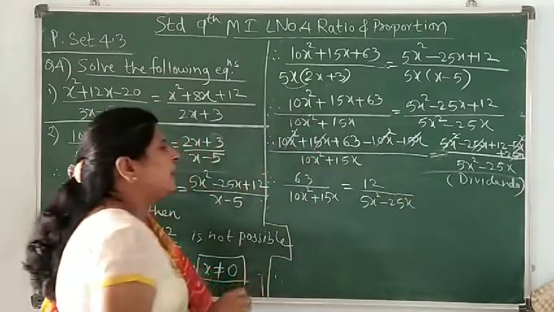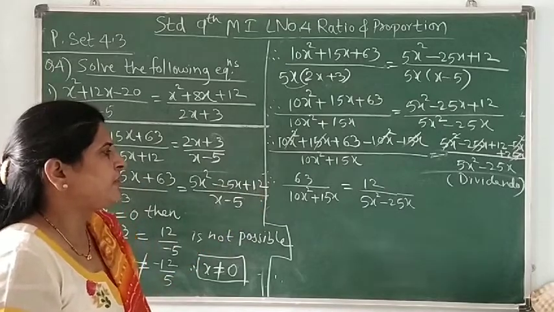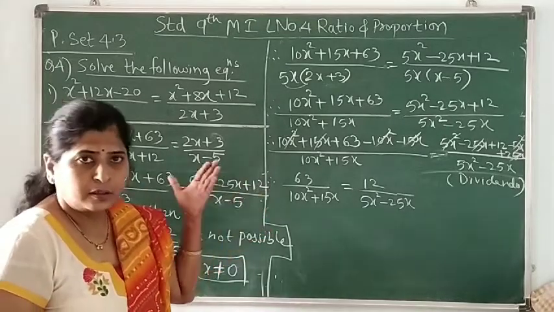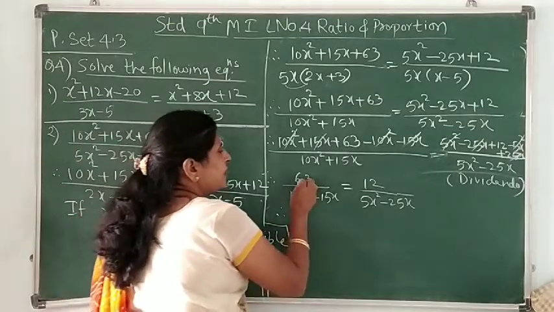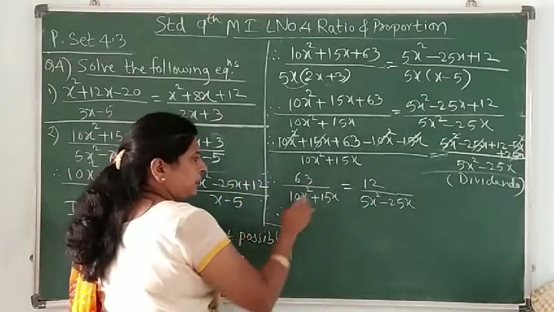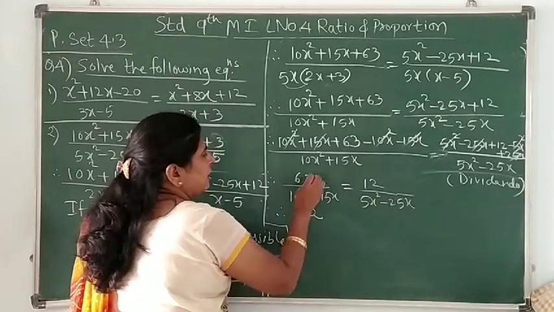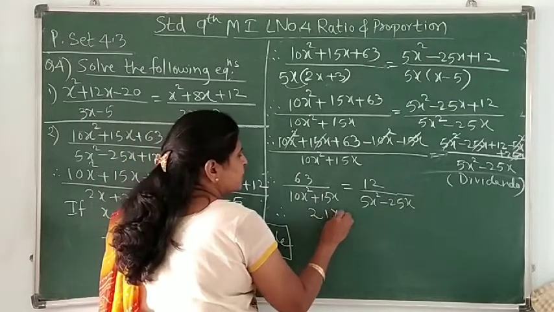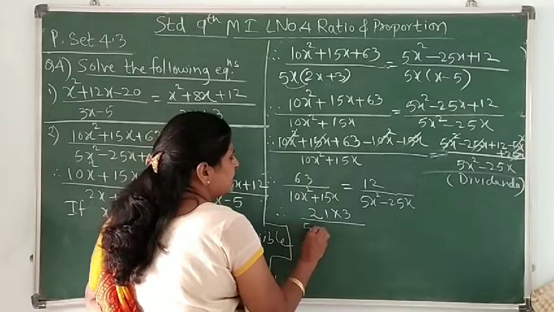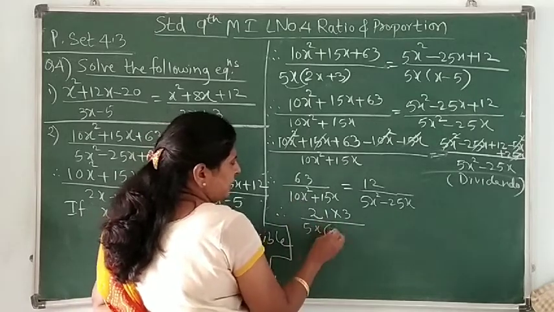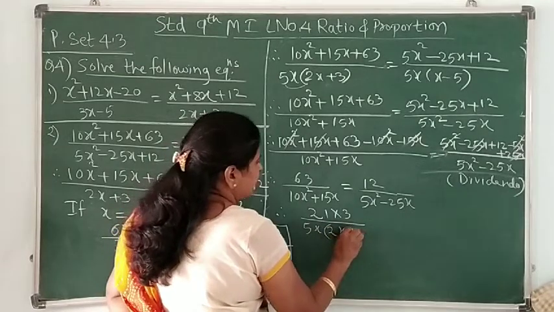Okay, now we can do the cross multiplication, or as far as possible we can reduce these terms. If we divide 63 and 12 by 3, we get 21 into 3 and 4 threes are 12. And what is common over here? It is again 5x. In brackets it's (2x + 3).